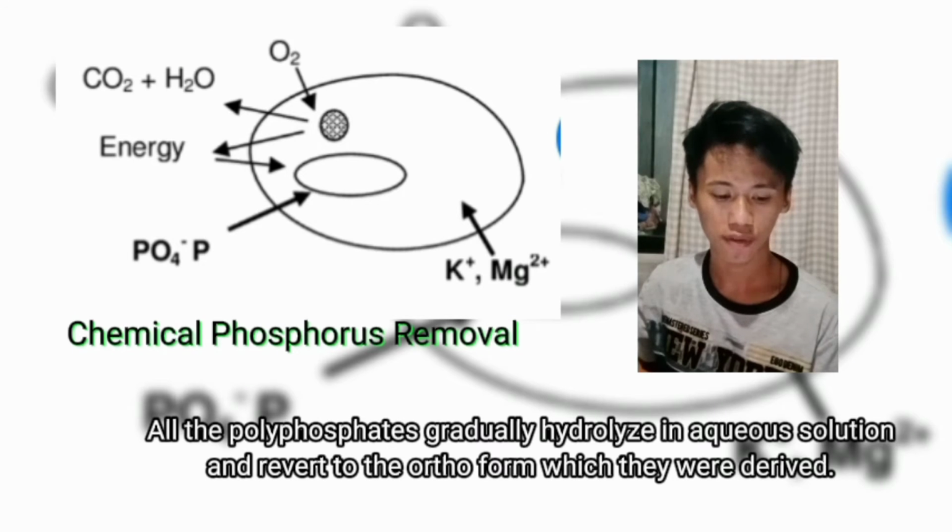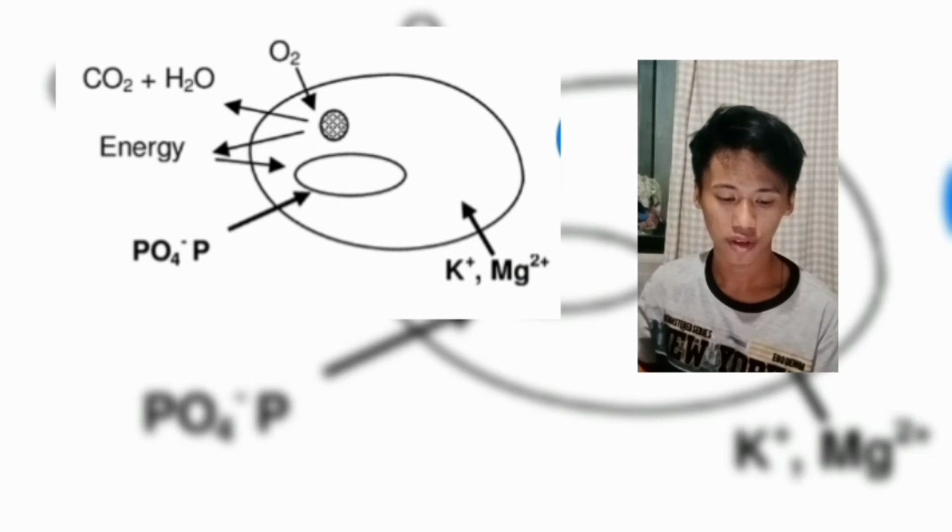Chemical phosphorus removal. Although polyphosphate, or the molecularly dehydrated phosphate, gradually hydrolyzes in aqueous solution and reverts to the orthoform, or the PO4^3-, from which they were derived.